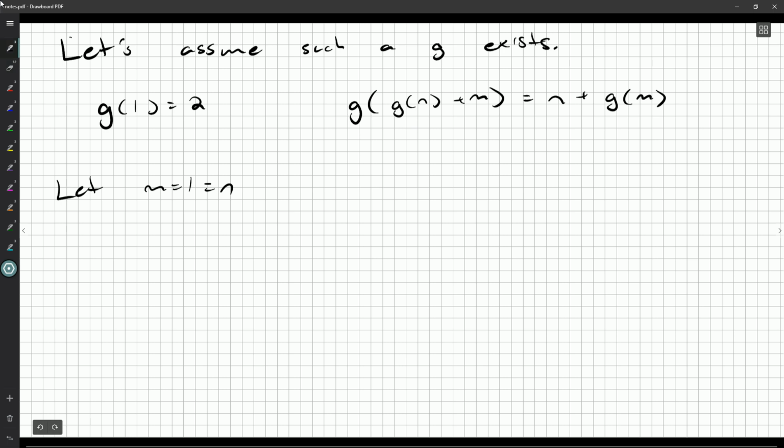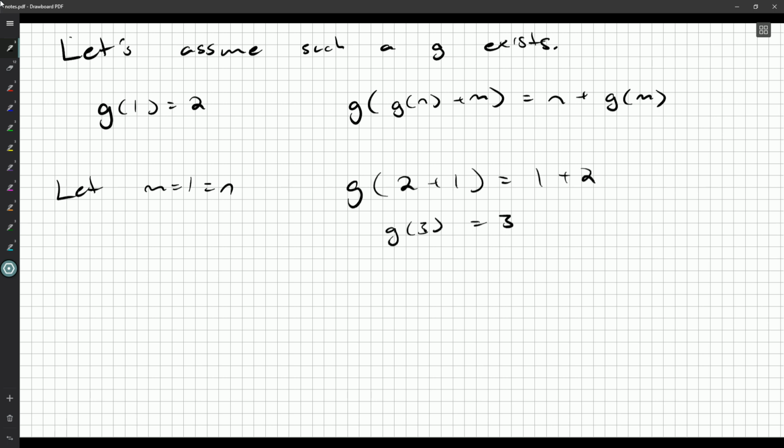Okay, so g of 2 plus 1 is 1 plus 2, so really we've got g of 3 is 3. Okay, great. Now we're skipping over g of 2. Maybe there's a way to get g of 2 somehow, coming back to this, or maybe we just press on. Maybe we'll get two numbers that don't work with something like g of 5.